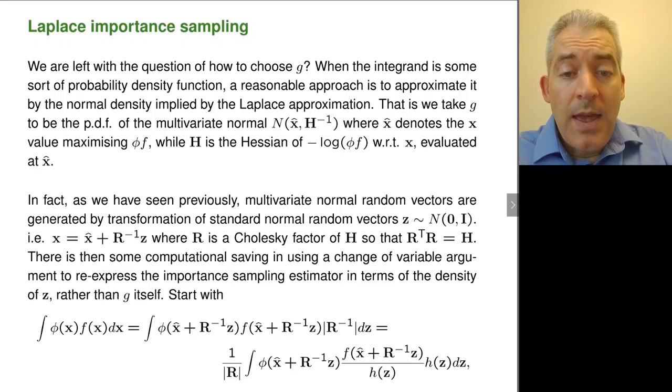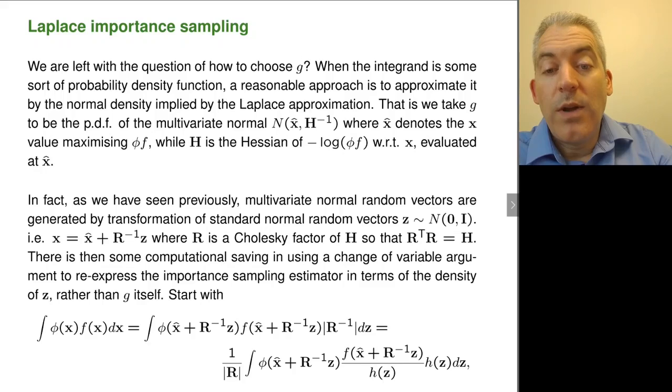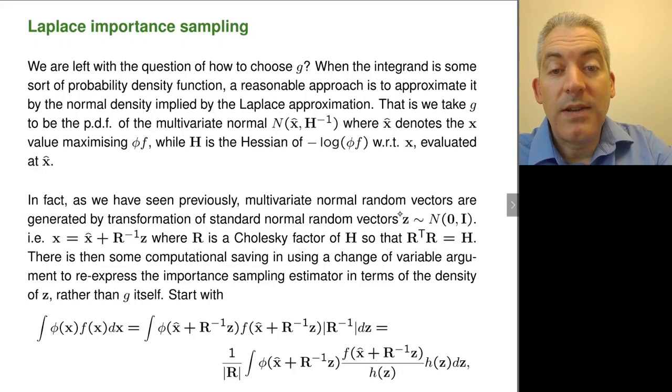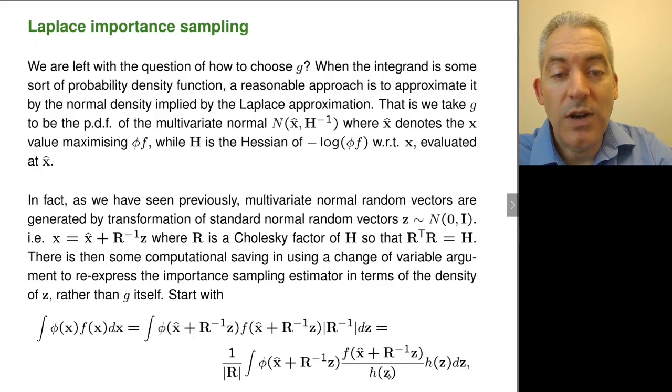And at this point, we can now introduce our importance sampling distribution, which is going to be z. All right, so we're going to let h be the density of z, this standard multivariate normal density. So we're going to bring that into the problem, obviously put it on the top and bottom so as not to change anything. So now we've got this integral with respect to the standard normals z.